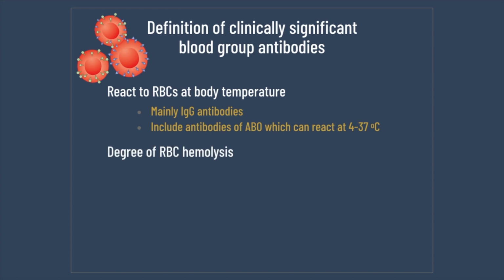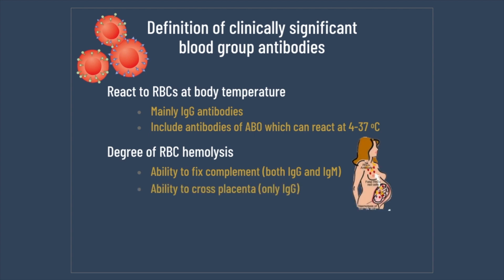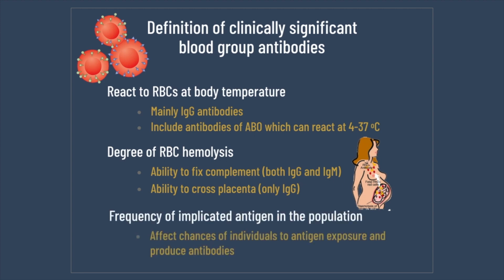Second, degree of inducing hemolysis, such as ability to fix complement or to cross the placenta. Third, frequency of the implicated antigen in the population. This can affect the chances of individuals being exposed to the antigen and producing antibodies.